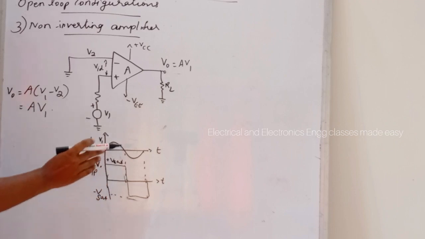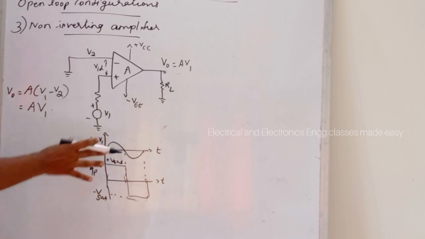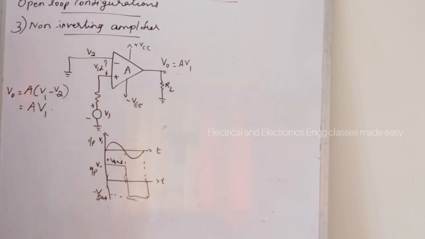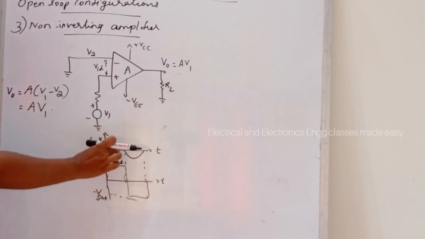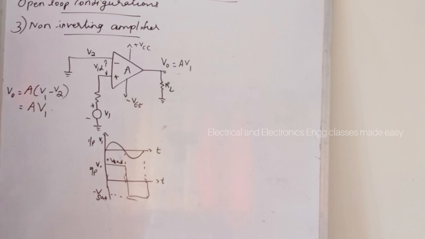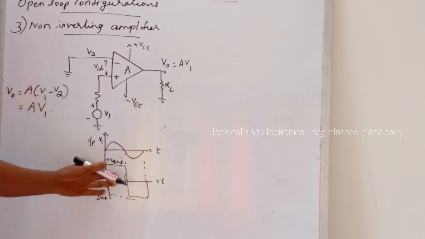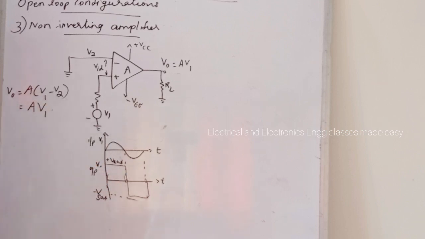So this is the output waveform for the non-inverting amplifier. Here the output is in phase with the input signal and is an amplified version of the input signal. So that is about the three open loop configurations of op-amps.